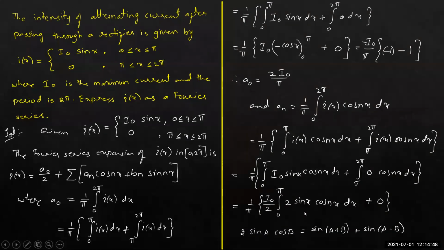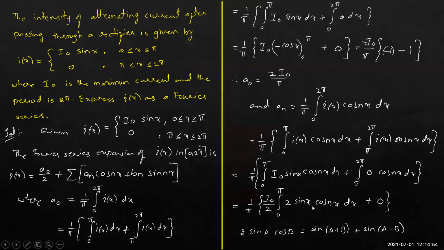And moreover, I can also bring this I naught by 2 out of this. Correct? So if I write all those together, a_n is equal to I naught by 2 pi into integration from 0 to pi. See what you'll get there. When it is 2 sin x cos nx, we should write it as sine of a plus b. What is a plus b?